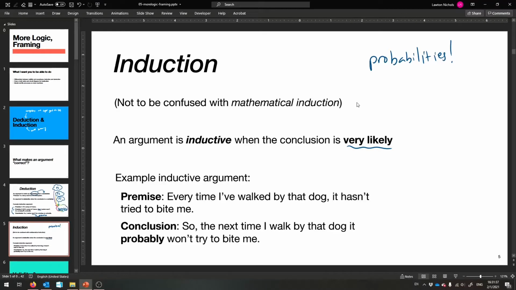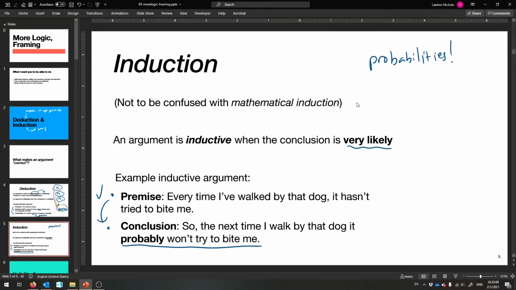Okay, so here's an example inductive argument, and I think we like to use induction a lot in our daily lives. So here's our premise, our thing that we're assuming. Every time I've walked by that dog, it hasn't tried to bite me. This is good. Must be a good dog. So our conclusion then is, okay, the next time I walk by the dog, it probably won't try and bite me. Yeah? So if we assume this, imply this, is it true?